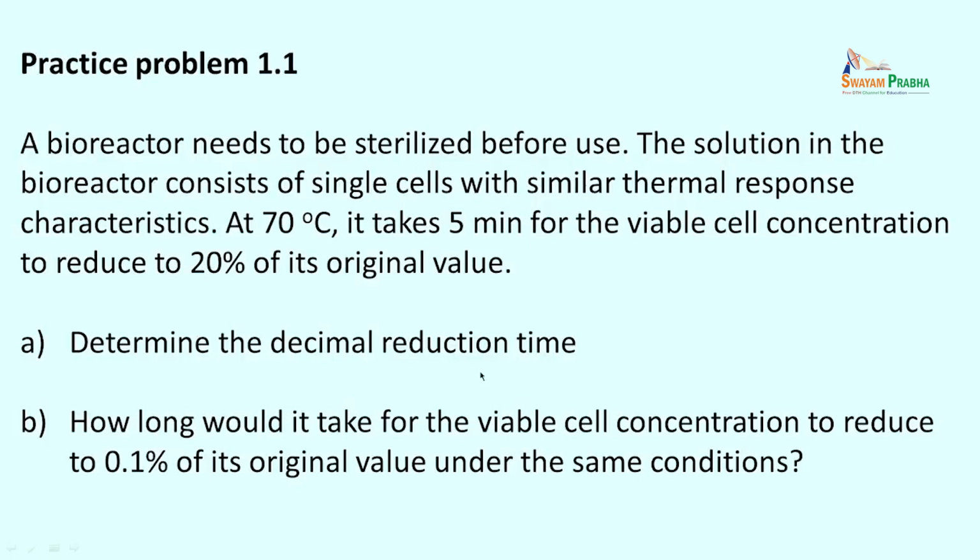Remember, we said it was an important parameter. So, determine that first. And B, how long would it take for the viable cell concentration to reduce to 0.1% of its original value under the same conditions? This is a problem for you. You need to know how to solve problems. I will show you some of the thinking behind the solution when we begin the next lecture.